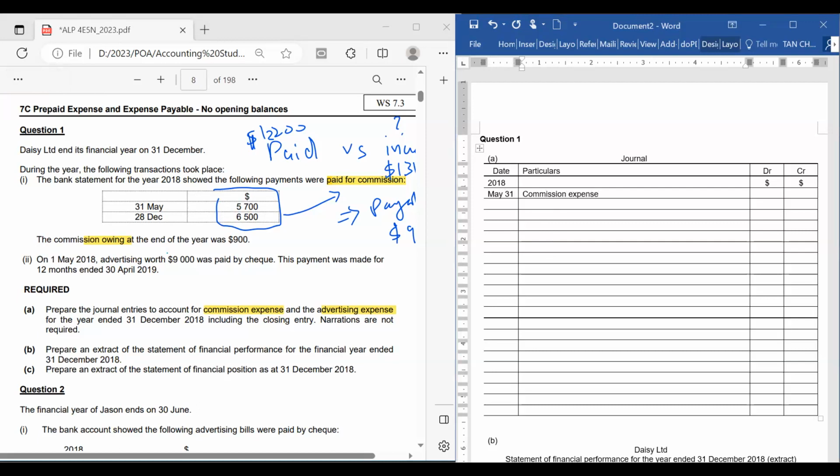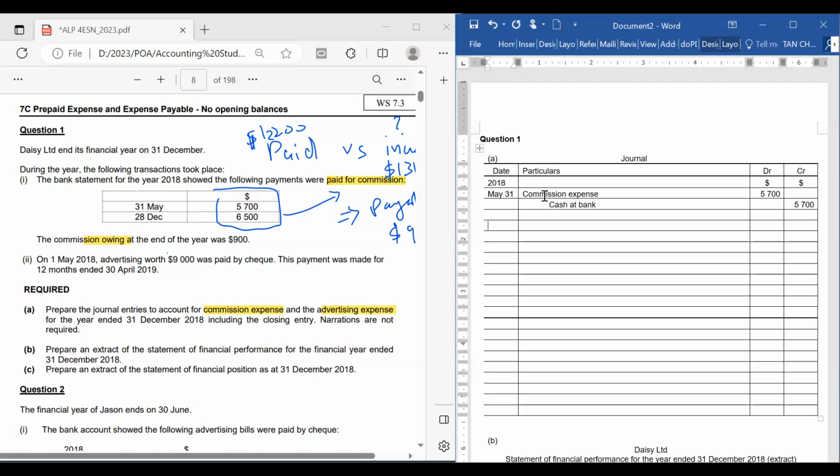Based on your double entry rules, all expense will be debited whenever we pay for it. So we will debit commission expense 5,700, and then we will credit our cash at bank because the money in my bank decreases. Cash at bank is an asset. When asset decreases, we will credit our cash at bank.